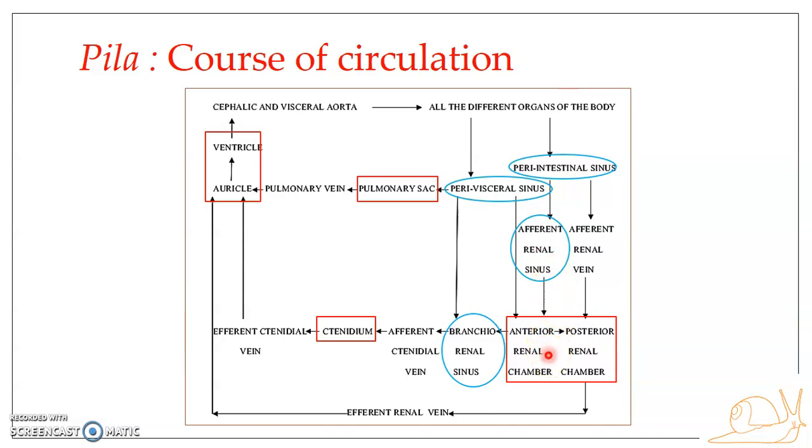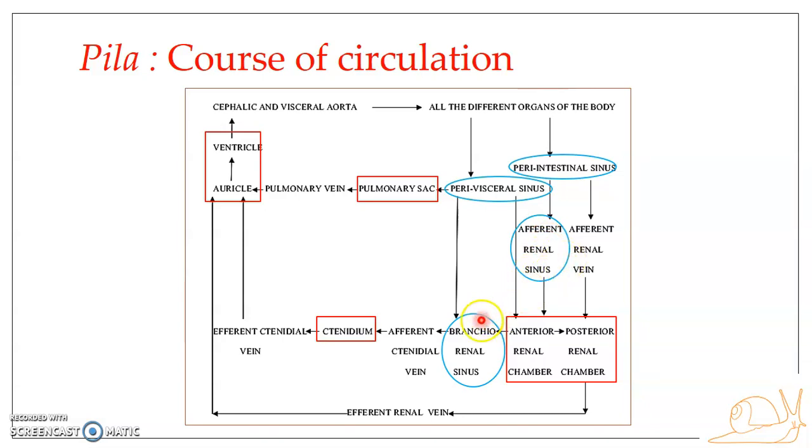Similarly, the blood is also transported from the periintestinal sinus to the renal chamber through the afferent renal vein.